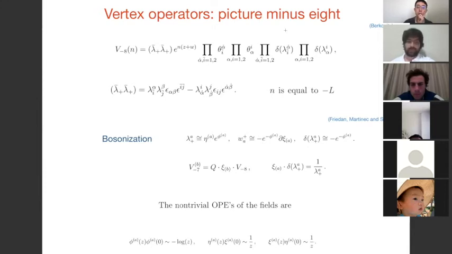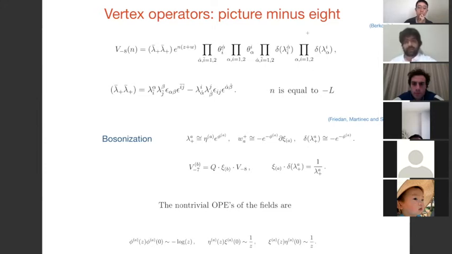I don't know the precise answer for which backgrounds we can have some very nice expression. There is also the question of whether we can compute things with this picture -8 vertex, for example some amplitude. I think this is an open question, because it's a very simple expression for the vertex.